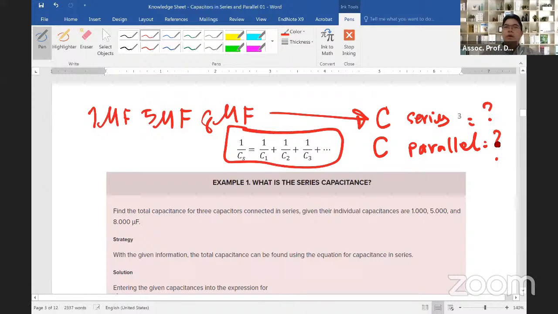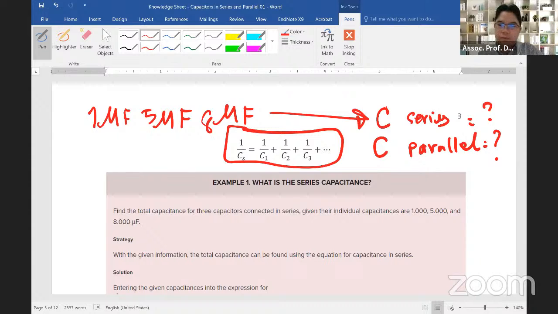Whoever gets the answer first will get the special bonus score. You can write in the chat C in series how much, and C in parallel how much.